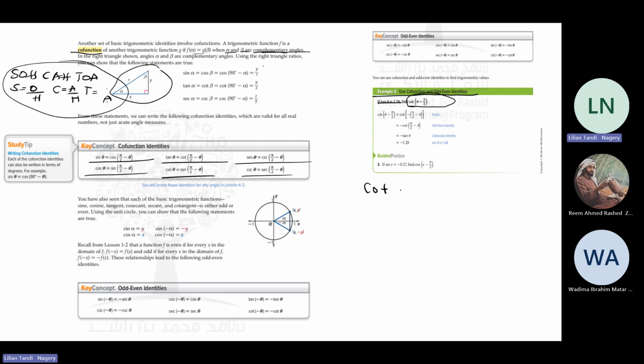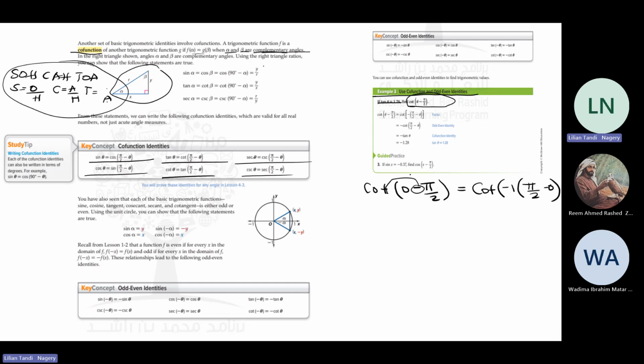And how will I find the cot of this? I will do cot times negative 1 of the angle. But you'll do the opposite. You're taking this negative outside.